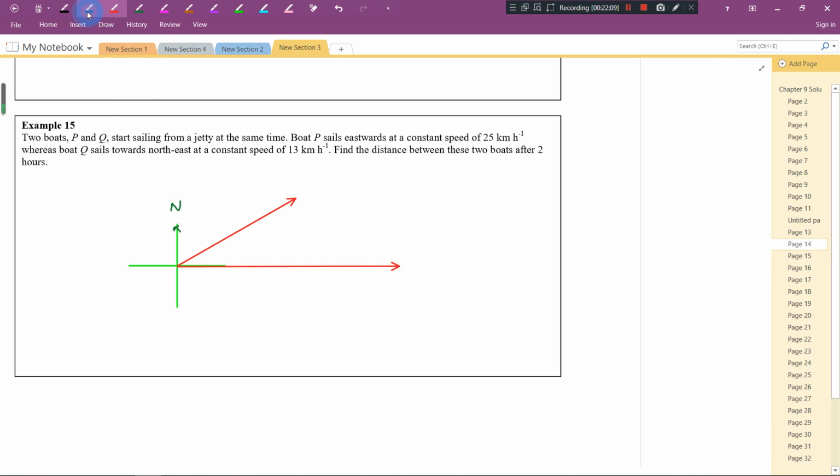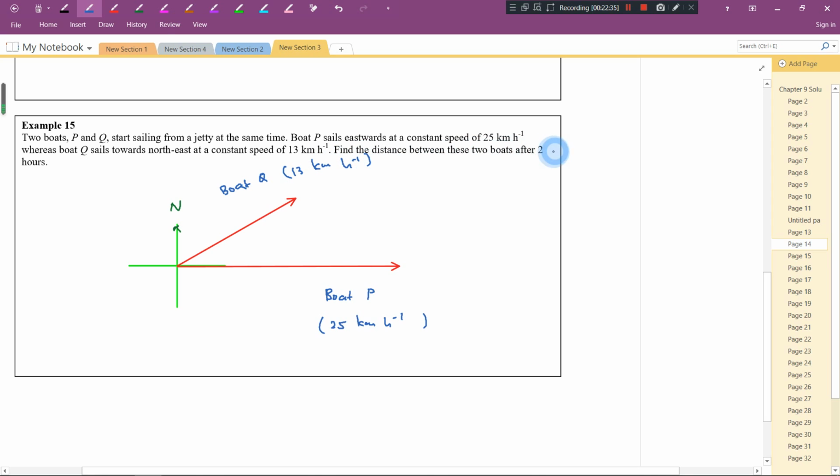This is boat Q, this is boat P. The speed of boat P is 25 km per hour, and boat Q is 13 km per hour.